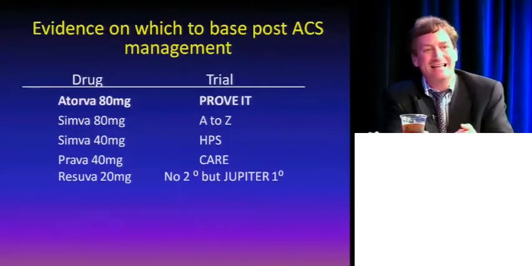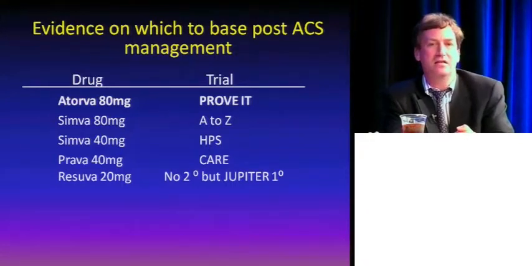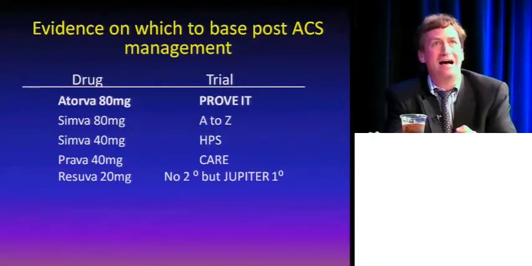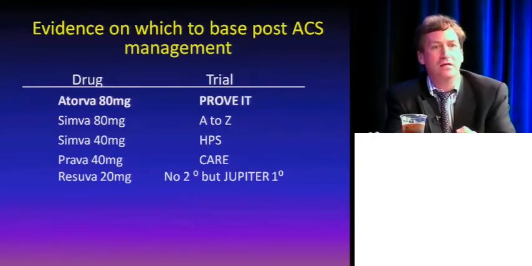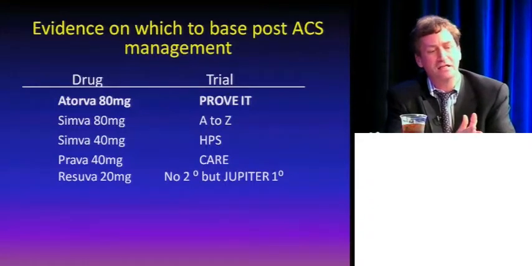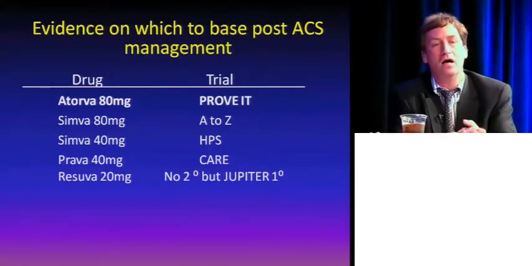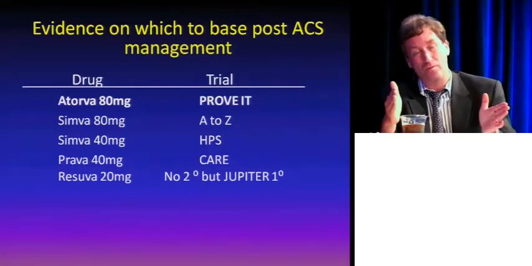So, as I stated, the original medications that I talked about in the list that I gave you actually are all associated with outcomes in various trials. The simvastatin 80 milligrams in A to Z, another acute trial, was actually neutral for the overall trial, but if you look from 6 months to 30 months, where the trial ended, there was actually a big benefit in the last 24 months of the trial.